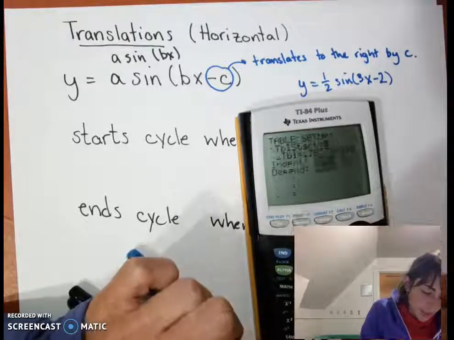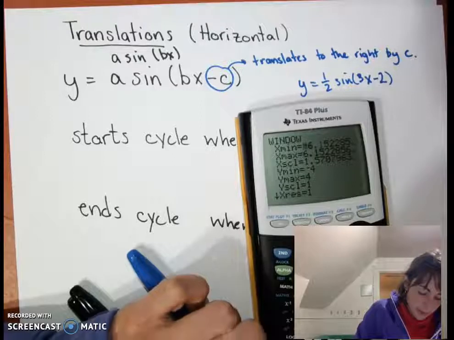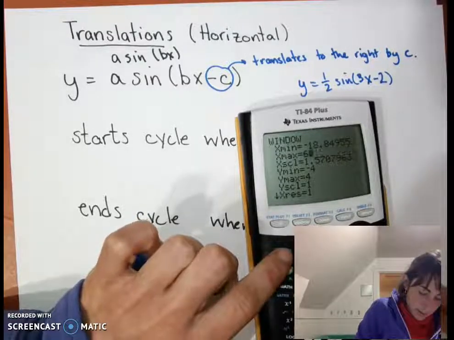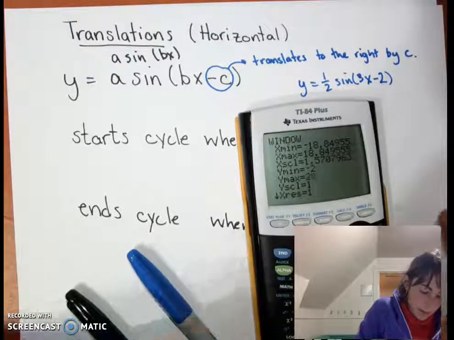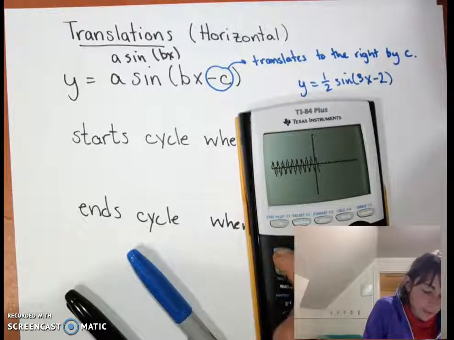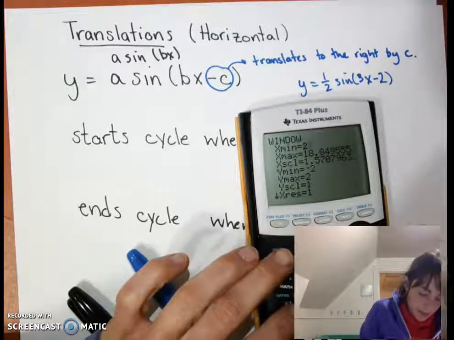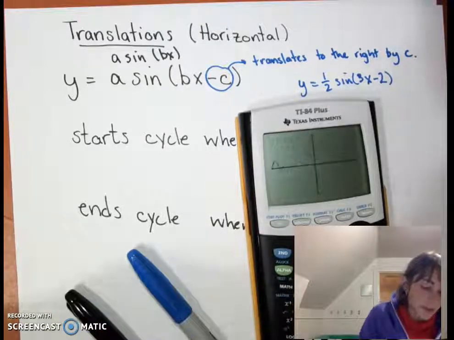I'm going to take a different window here just so that we can see some more stuff. So let's go from -6 pi to 6 pi, and we'll make our y min -2 and y max 2. That's too much, sorry. Let's just do -2 pi to 2 pi. That might show us a little bit of a better graph.